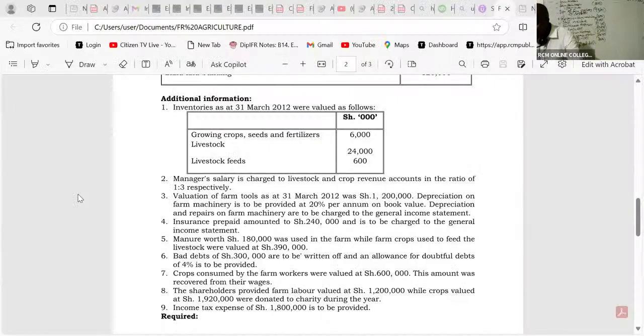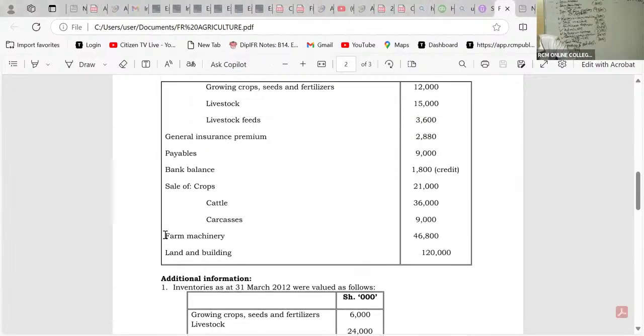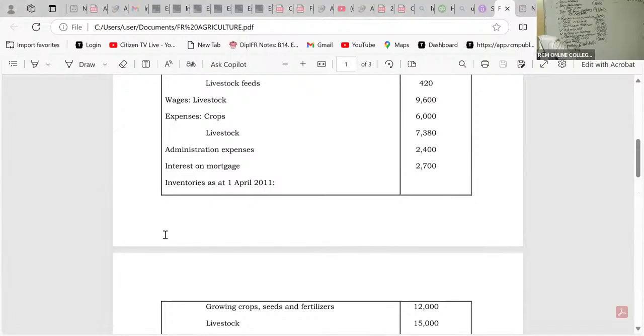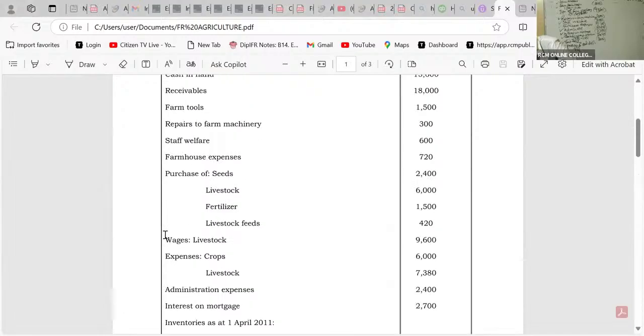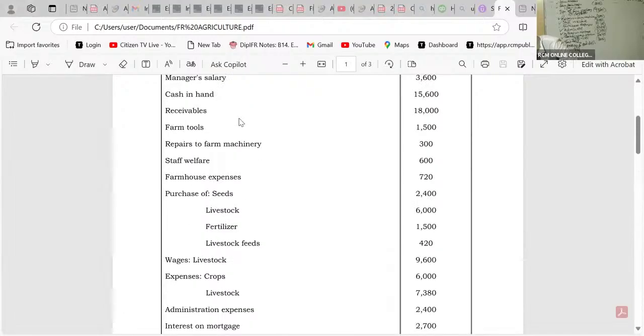If you look here, you are able to see the receivables of the farm, a figure of 18,000.